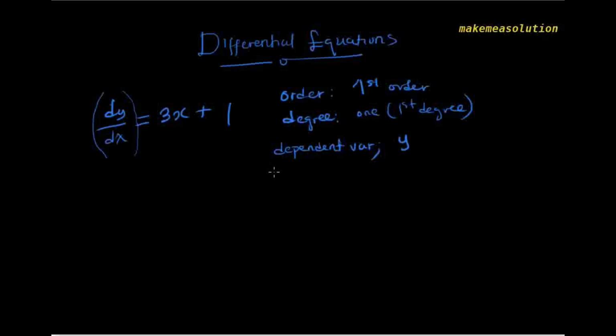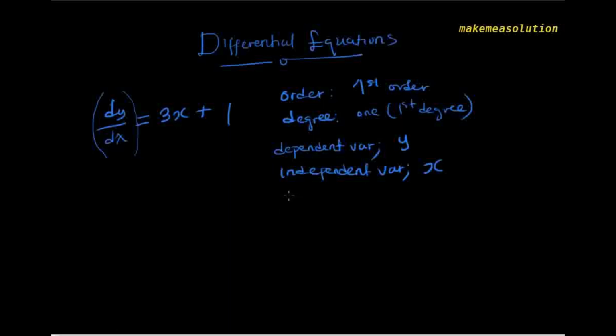The independent variable is the variable at the denominator position. You normally hear me saying derivative of y with respect to x. So whatever your derivative is with respect to, that is your independent variable. But simply put, you can easily find it by looking at the variable at the denominator position, which in this case is x.